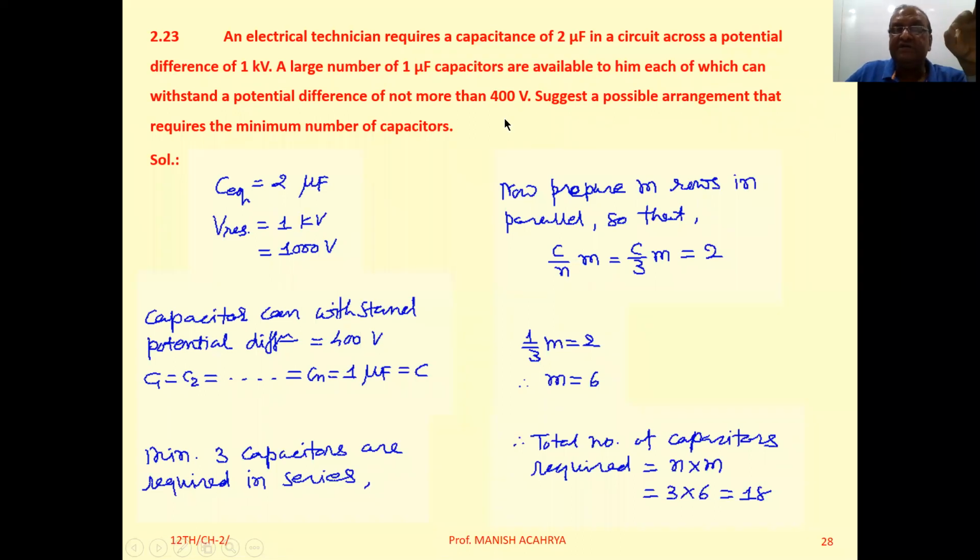So the electrician will take a total of 18 capacitors, connect 3 capacitors in series, and after this 6 such rows prepared and connected in parallel, the requirement will be fulfilled. Clear to all of you now?